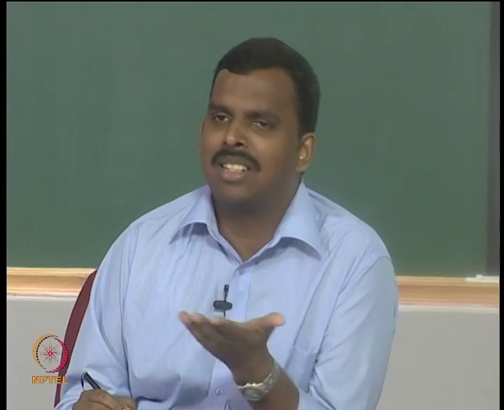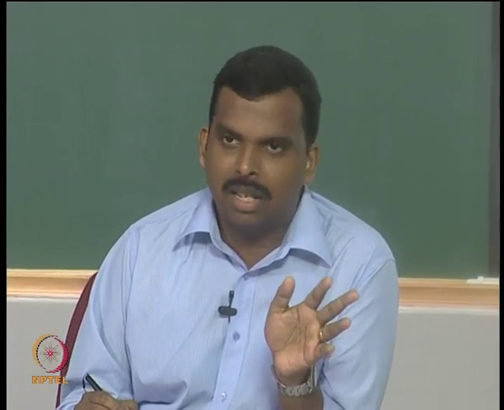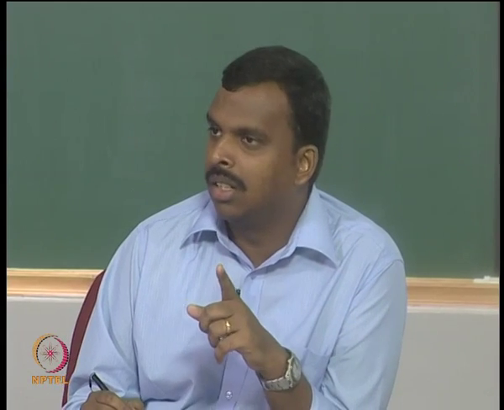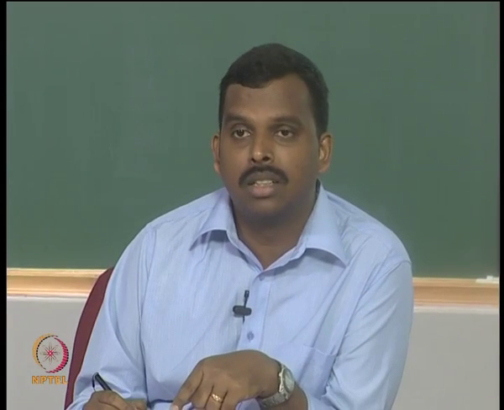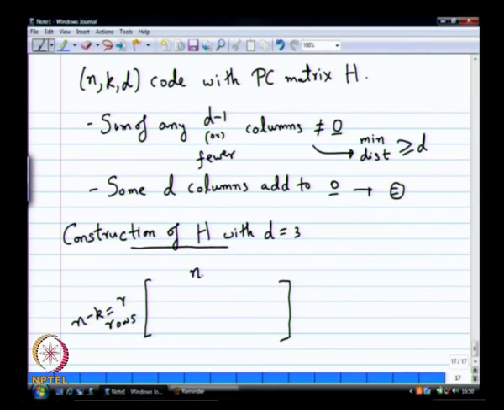If I allow repetitions, it will go on and on, but then I do not want D equals 2, I want D equals 3. So I do not allow repetitions. So clearly the maximum I can do is 2 power r minus 1. So I can have n less than or equal to 2 power r minus 1.